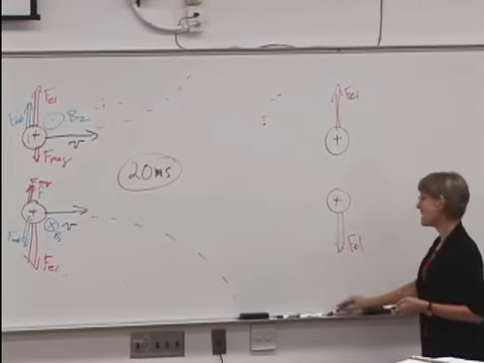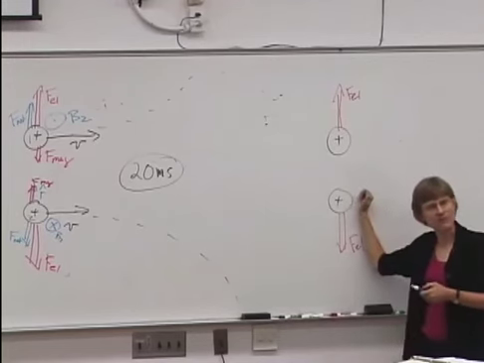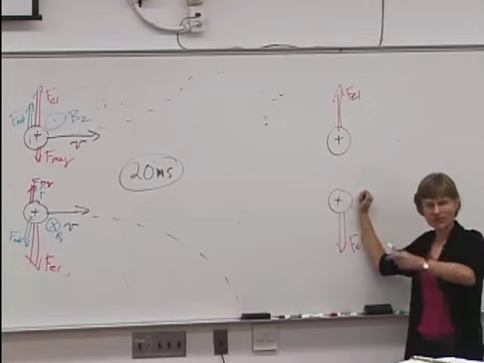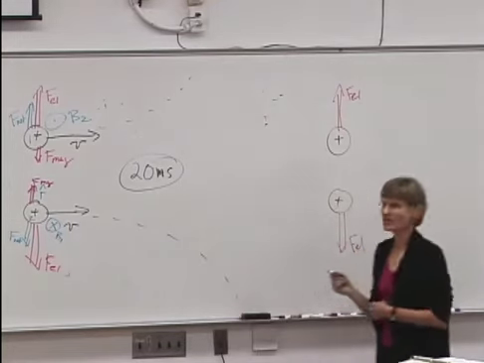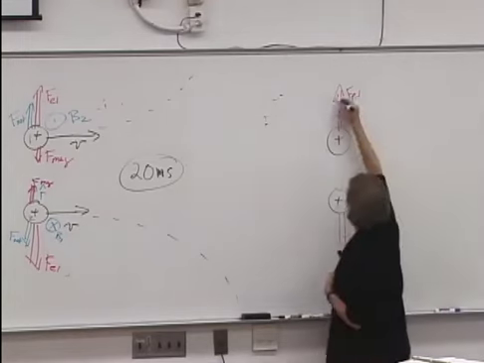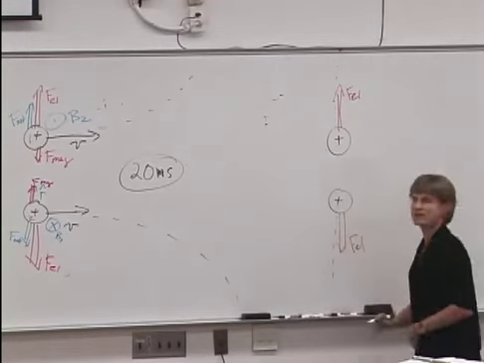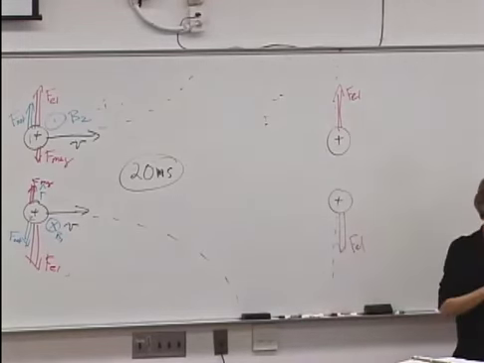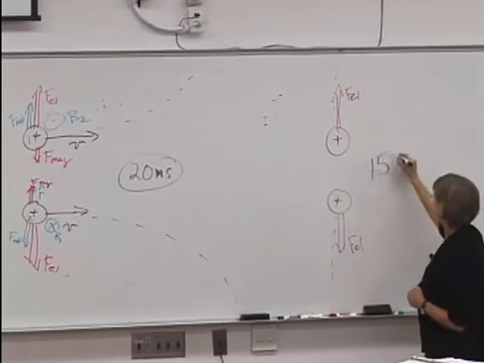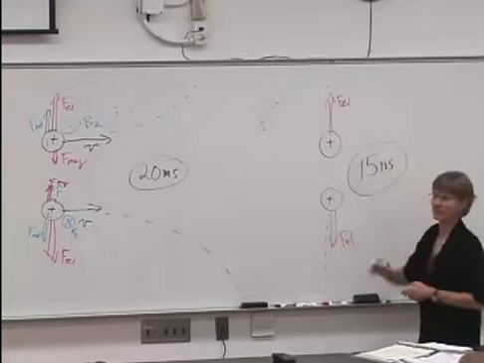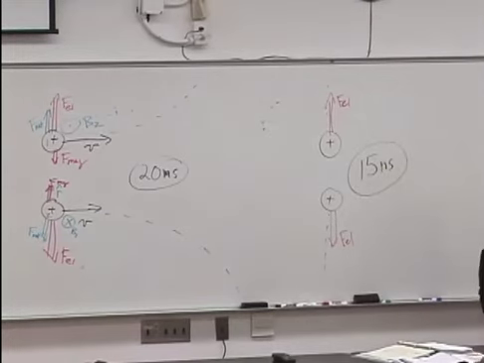So the net force, he actually sees a bigger net force than Jonathan, who's decided to sit still and watch them go by. So Josh sees a bigger force, and he thinks the particles are going to go straight up and straight down, and he applies Physics 1, classical mechanics, and does the calculation. And he predicts that it's only going to take 15 nanoseconds for these particles to hit the ceiling and the floor.